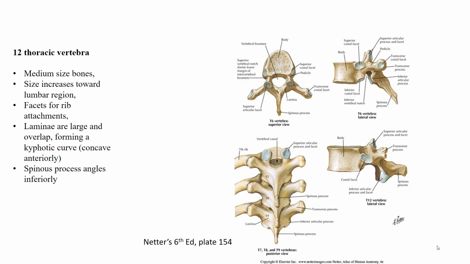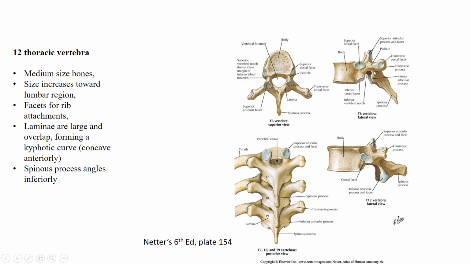In the thoracic section, the vertebral bodies are, while larger than the cervical, a bit smaller than the lumbar. And also you'll notice that the transverse processes point a little bit posteriorly to allow for the ribs. And then also the spinous process, although it looks very similar here to some of the other spinous processes, if you look at it from the lateral picture, you'll notice that those spinous processes have an inferior pointing direction.